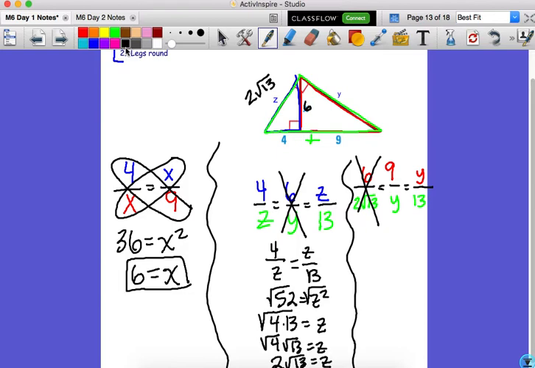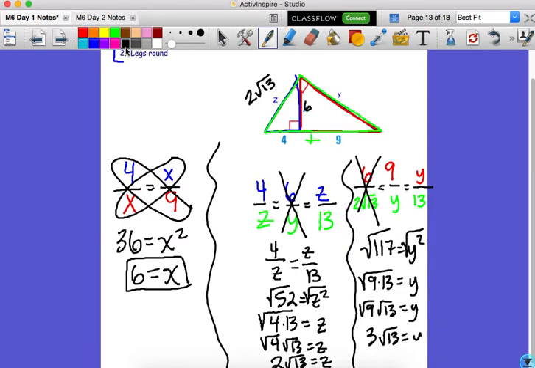So that we have 9 times 13 equals y squared. I'm going to take the square root of both sides. I know that 9 is the greatest perfect square that divides into 117. Break that up. Square root of 9 is 3. So 3 square roots of 13 is my y value.